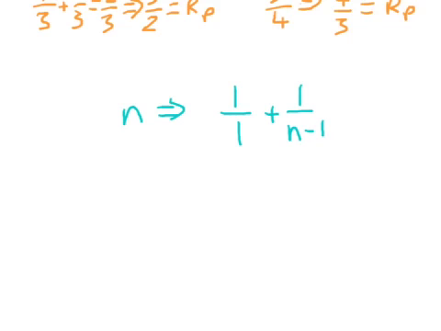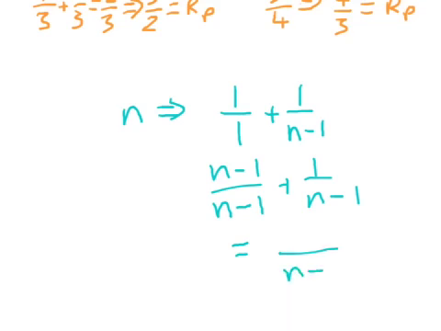So that is, if you wanted to find a common denominator, it's going to have to be n minus 1 over n minus 1 plus 1 over n minus 1, which is going to give you, because the common denominator means it's both going to be over n minus 1, the top's going to be n minus 1 plus 1, which is just n.